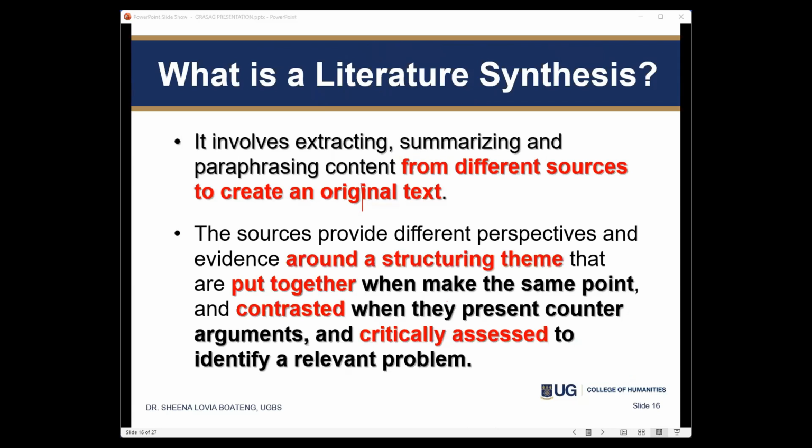Except in cases where you cannot be able to find adequate literature that is contemporary enough to help you address the issues that you are looking into. But apart from that, you have to make sure that you get contemporary literature that you will summarize and paraphrase in order to be able to determine the ideas that have been put forth by scholars around the theme or the issue that is of interest to you.